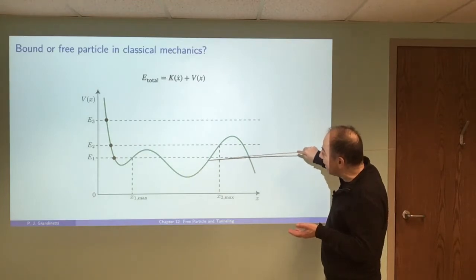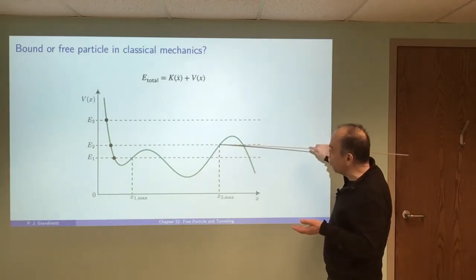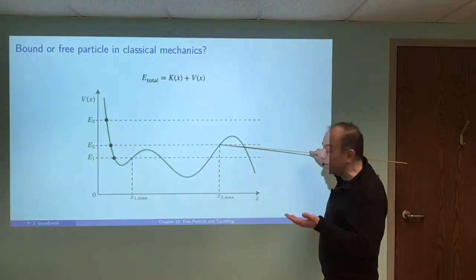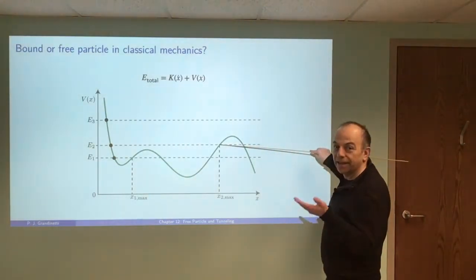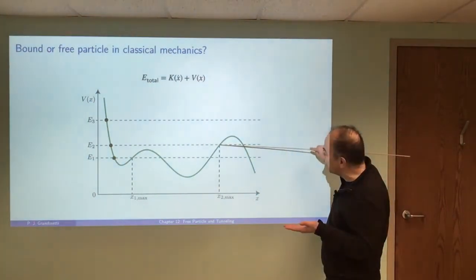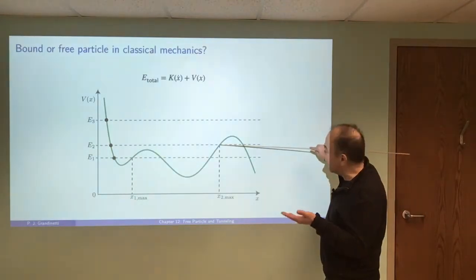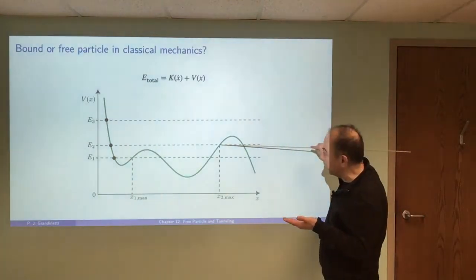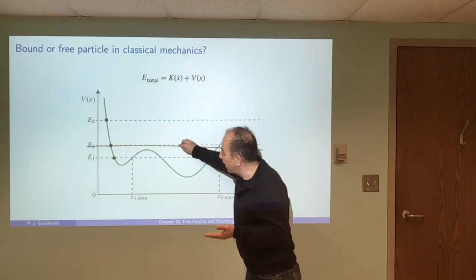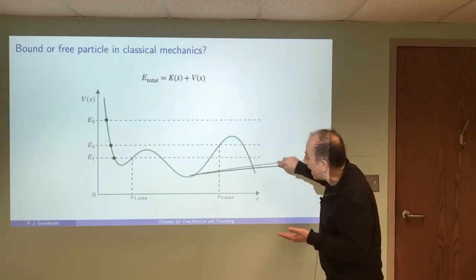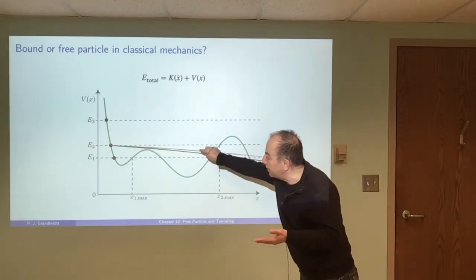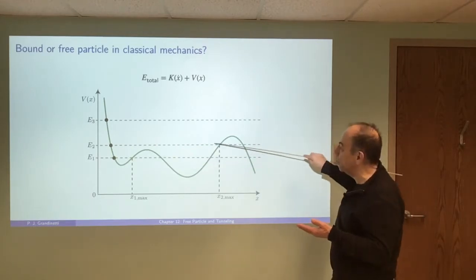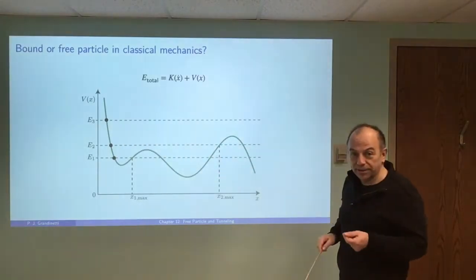But as it goes up, eventually it reaches a point where all of its total energy gets converted into potential energy. Kinetic energy is zero, and it stops moving, and then it turns around. It reaches the turning point for this particular amount of energy, and then goes back, and as you can imagine, it will just oscillate back and forth between these two turning points.